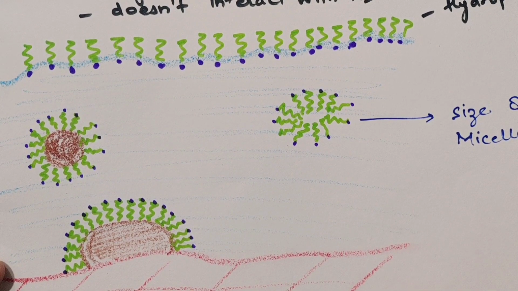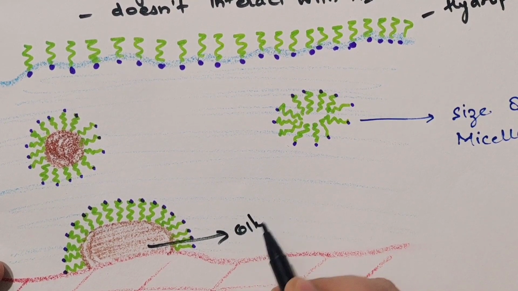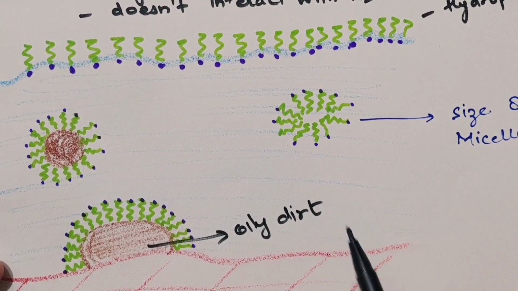So if there's a fabric which has oil and grease or dirt on it, that is hydrophobic. That is why it doesn't just go off by washing with just water. Soap has to be added, right? So this is oily dirt, or hydrophobic dirt.